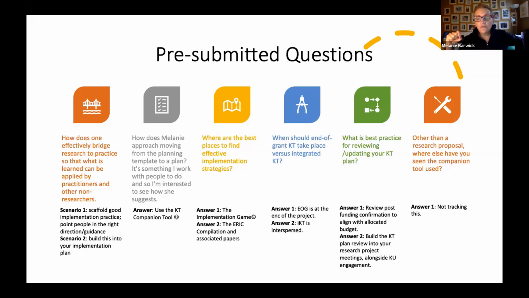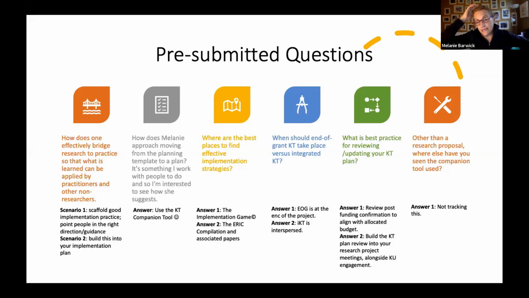I think you can review post-funding confirmation to make sure it aligns with the allocated budget. So let's say you planned, you sent in your proposal, you got a notice of a decision, you were successful. Depending on who your funder is, you may or may not get the money that you asked for. You need to probably do some rejigging of both your methodology and your KT methodology and plan once you know.